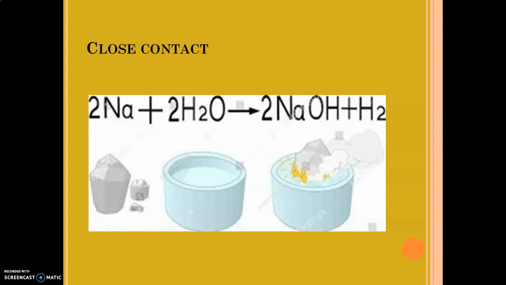Since this reaction is very explosive, when water comes in contact, explosion takes place. So this reaction shows that when sodium comes in contact with cold water, only then is it explosive. Else you keep sodium aside and you keep water aside, no reactions will take place between them.